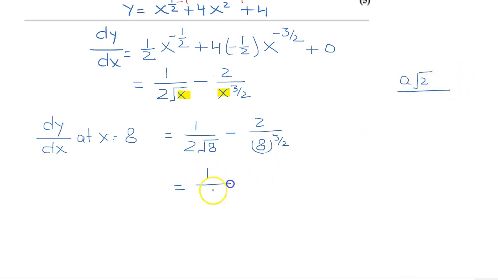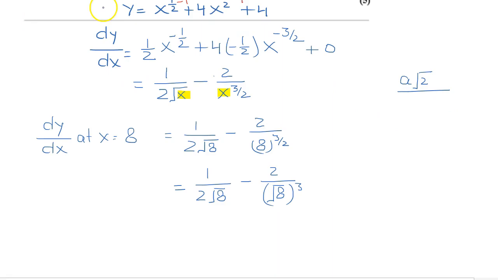So that is 1 over 2 root 8 minus 2 over, 8 to the power 3 over 2 can be written as root 8 power 3, or 8 to the power 3 multiplied by 8 to the power 1 over 2. So we have separated it.